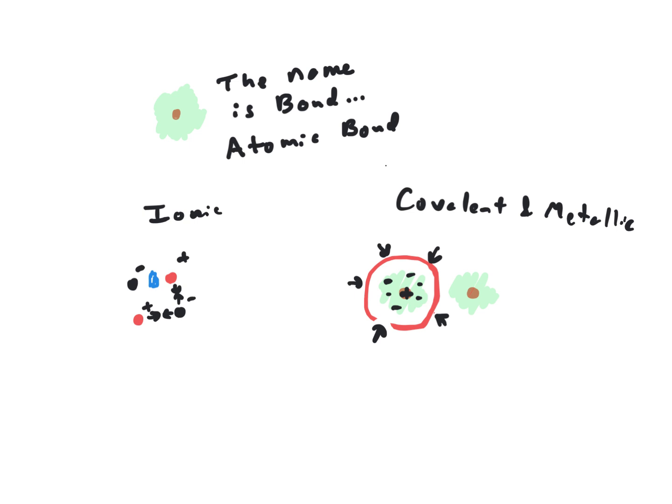Now, if we imagine that these atoms get closer together, and now just to help distinguish this, I'm going to use two different colors for the clouds of the electrons.